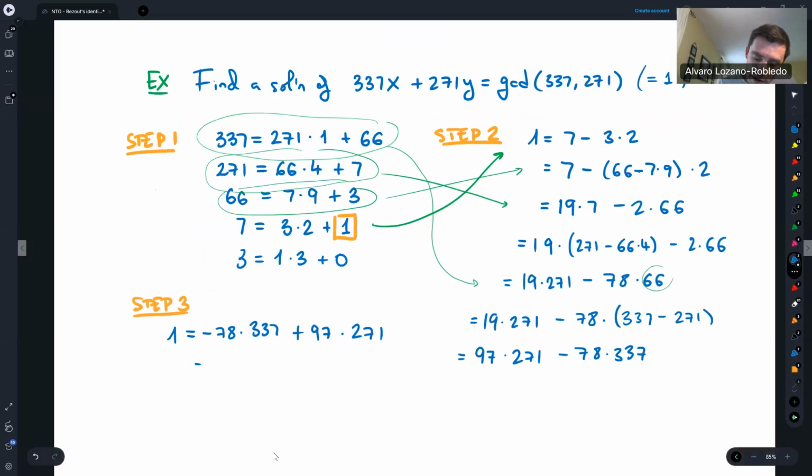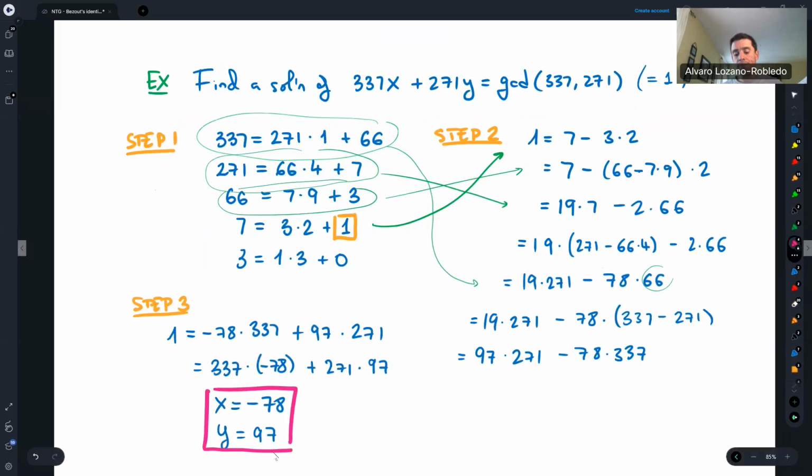So I'm going to write 337 times minus 78 plus 271 times 97. So this tells me that the solution that I wanted is x equals minus 78 and y equals 97. And that's my final answer. Okay. So there we found another solution to Bézout's identity.